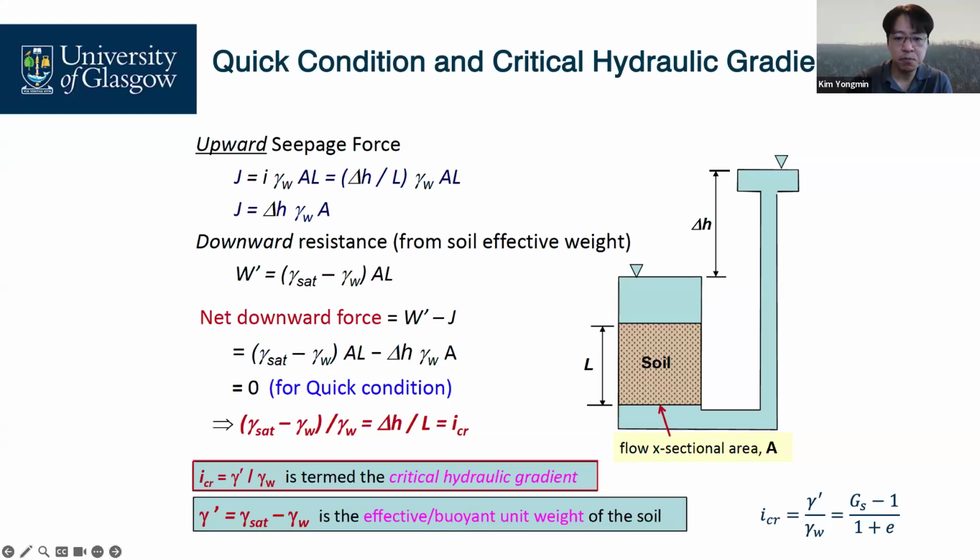This critical hydraulic gradient is the ratio of the submerged unit weight to the water unit weight. It can also be expressed by specific gravity and void ratio according to our phase relationships.